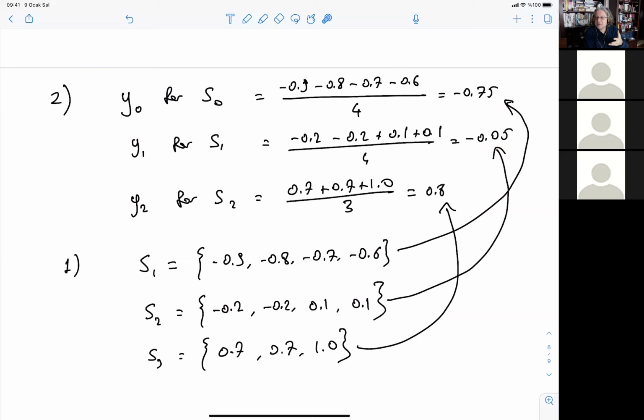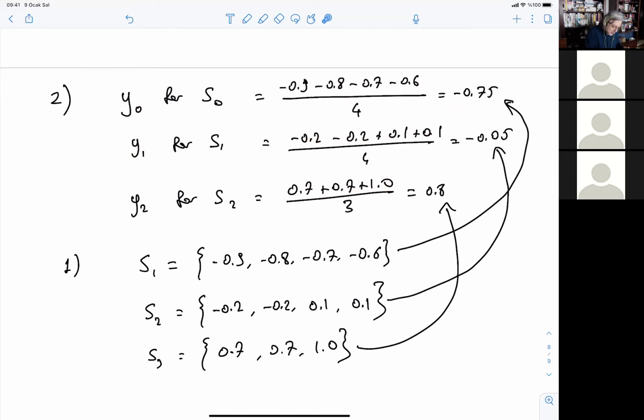The encoder output is that. The decoder will take, for example, 0 as the index, and it will generate minus 0.75, which is the representation value. So anything here will be encoded as 0. Any of these numbers will be encoded as 1, and any of these numbers will be encoded as 2.